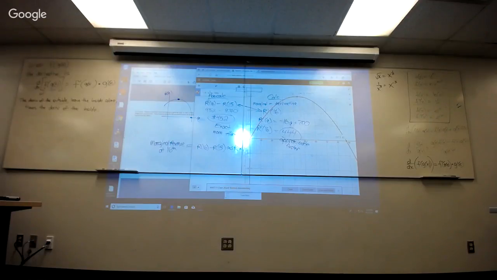So when we did the derivative, which was actually negative 16x plus 700, whoops, that's an x. There we go. Now notice, the blue line is telling me how much money I'm making from each object.